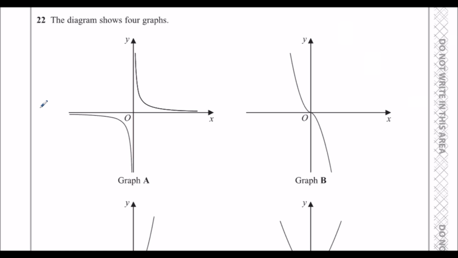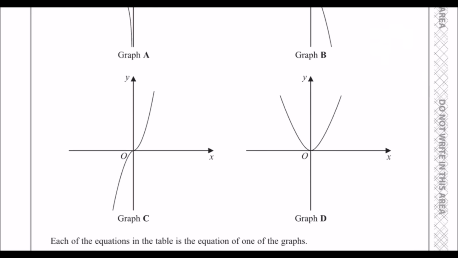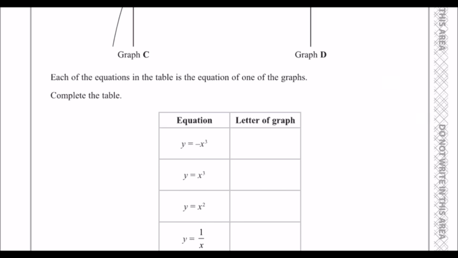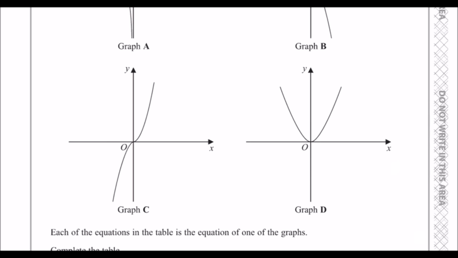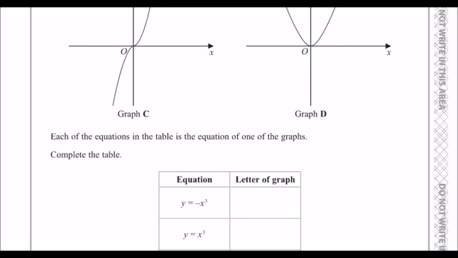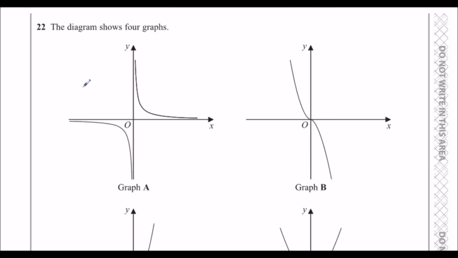Question 22. The diagram shows 4 graphs. So we've got graph A, graph B, graph C and graph D. And we're going to match equations to graphs. So graph A is a reciprocal graph. So that's y equals 1 over x.